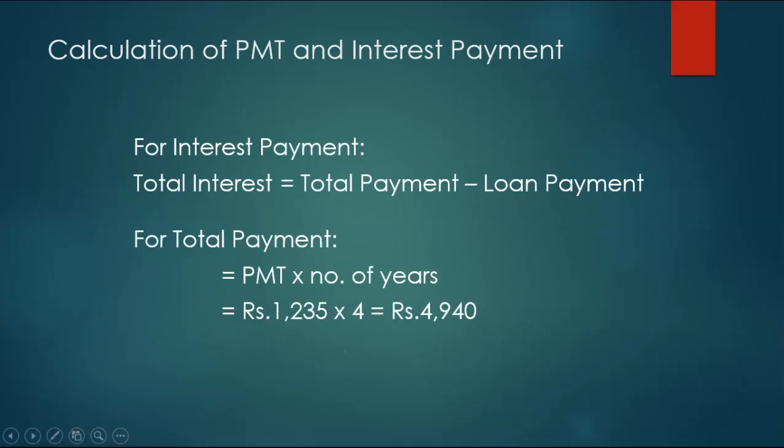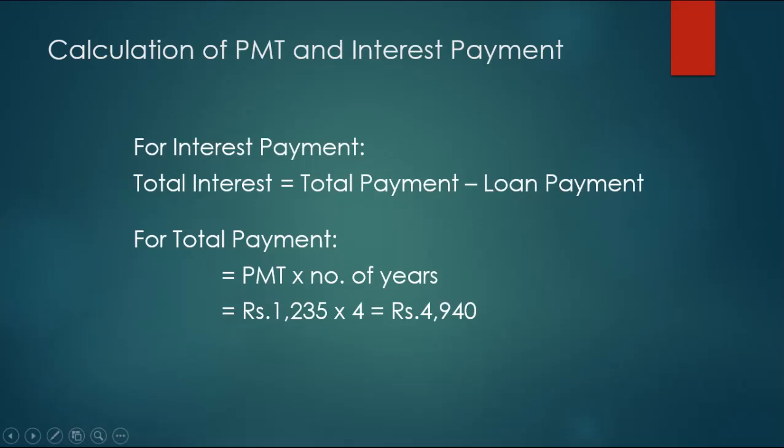So based on the formula which we have seen in the last slide, in order to calculate how much interest payment we will make to the bank in 4 years, first we need to calculate the total payment which we will be making in 4 years to the bank. How can we calculate the total payment?